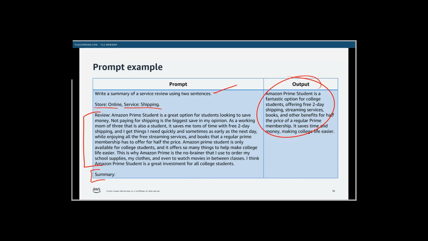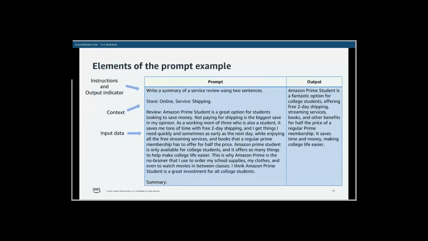So we can identify our prompt best practices in the different parts of the prompt in this way. If we look at the initial instructions, there are actually two things happening: the instruction and the task we're asking of the AI. We're giving instructions to write a summary. That's the instruction, the task.